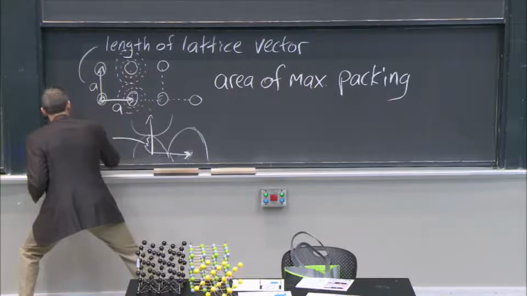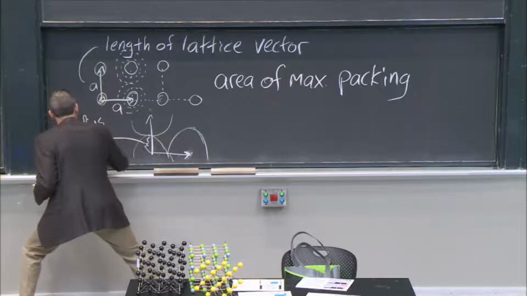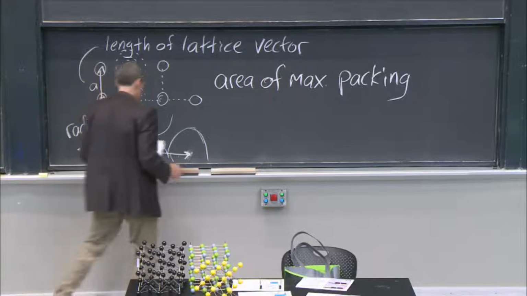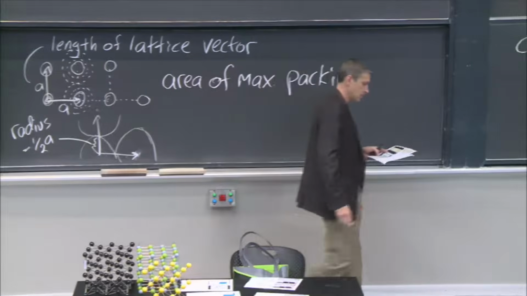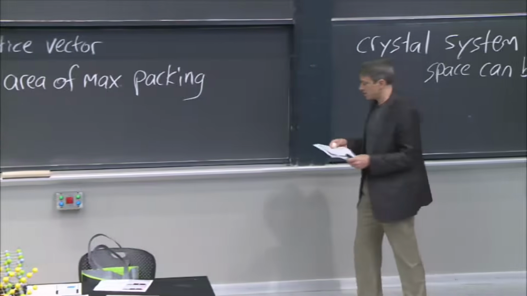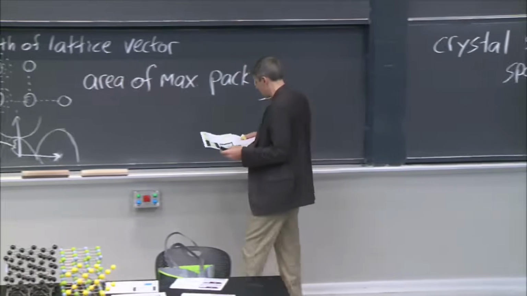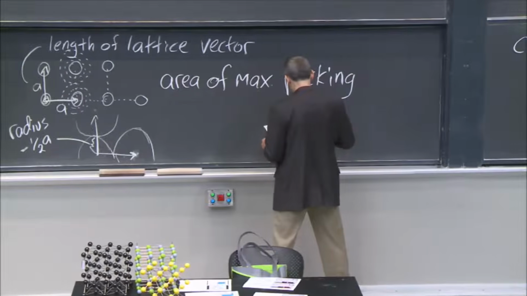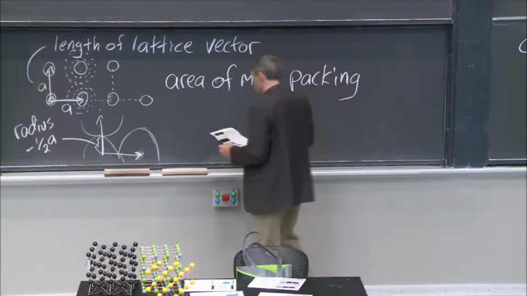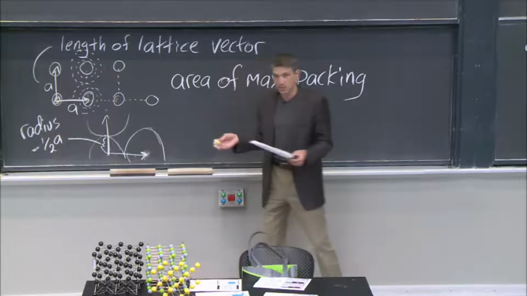So radius equals 1/2 A, right? If the radius of the circle is a half A, then you also know what the area is. I'm in 2D right now.